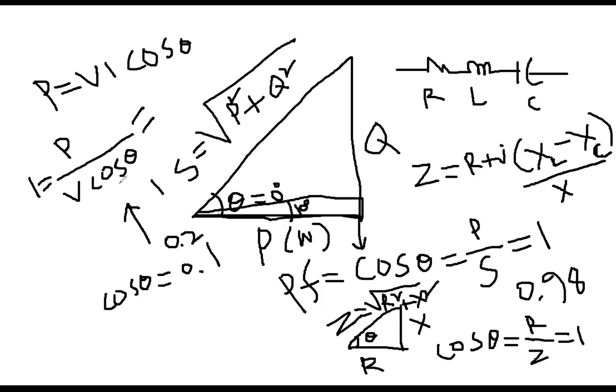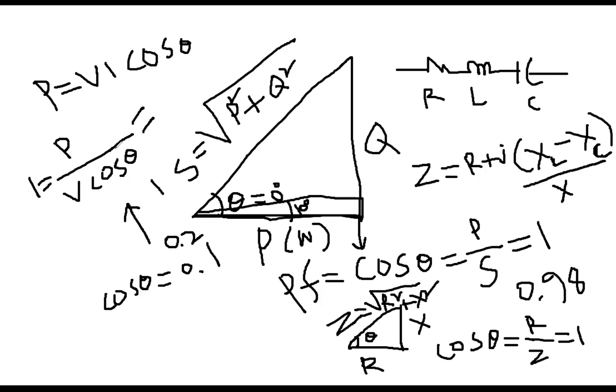I am explaining that when this cos theta or power factor value is low, for example close to 0, 0.01 or 0.1, that time you will get higher current. And as you increase the cos theta value upward until 1, your current value is decreasing.